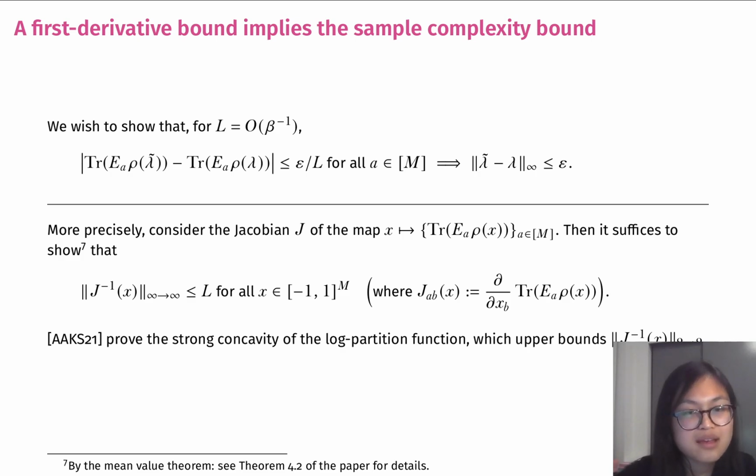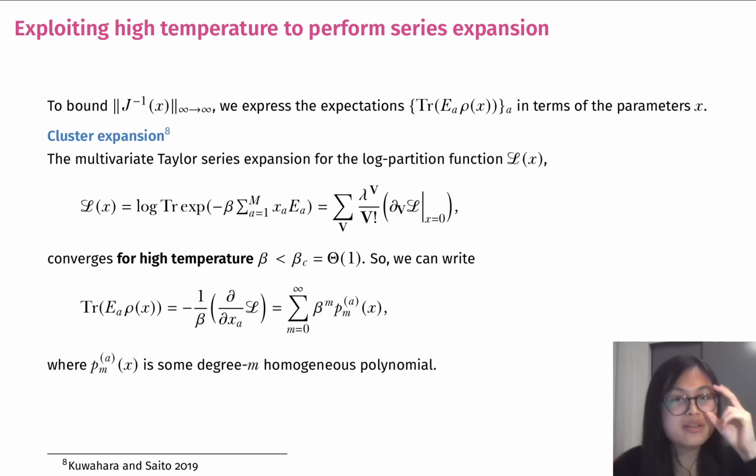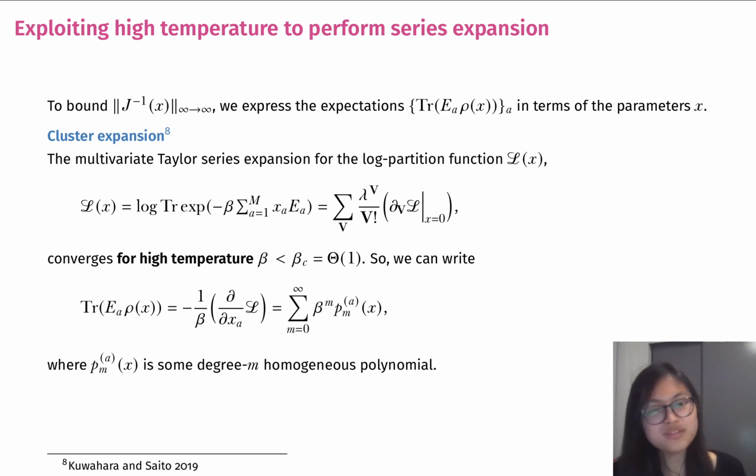Okay. Now, how are we going to bound this inverse Jacobian? We will use the high temperature assumption fundamentally now. And we will use this technique called cluster expansion, which essentially says that we can expand the log partition function into a multivariate Taylor series, and the multivariate Taylor series will converge for sufficiently high temperature.